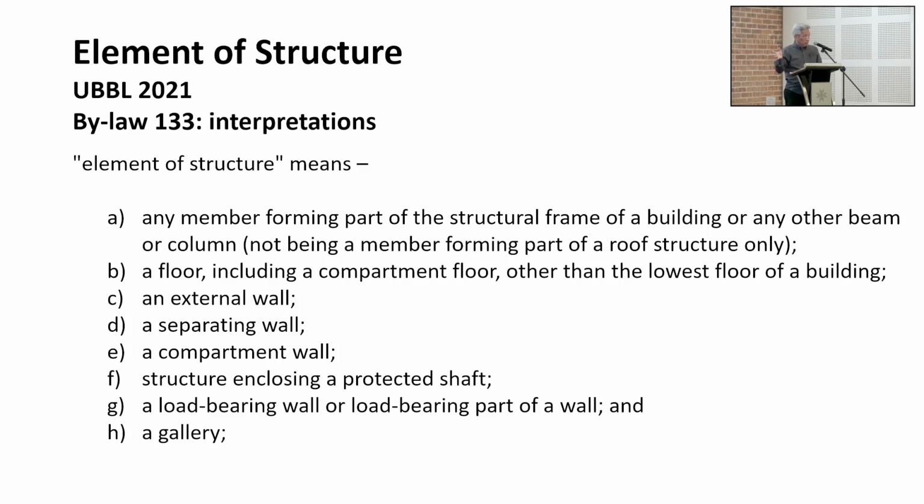Basically, any structural frame, except if that structure is only holding up the roof. Any floor, compartment floor. Okay, now we just want to look at walls. So any external wall which is not an unprotected area, separating wall, which a party wall will fall under the terminology of a separating wall if you require fire rating, compartment walls, and structures enclosing protected shafts.